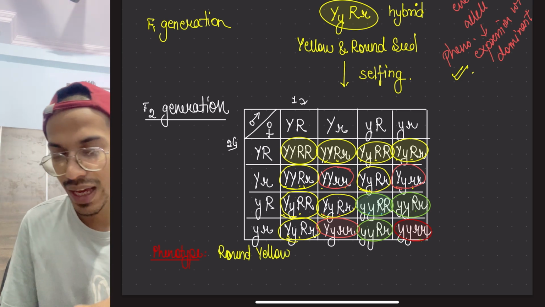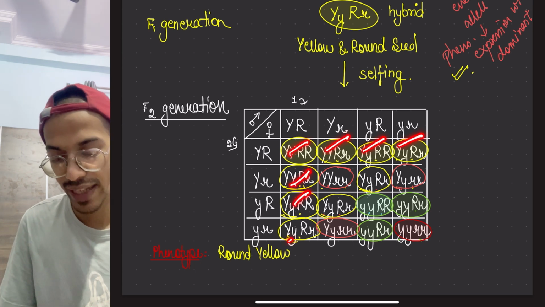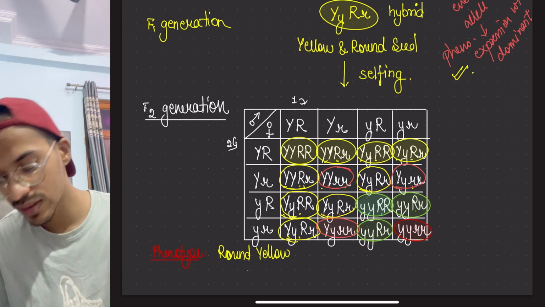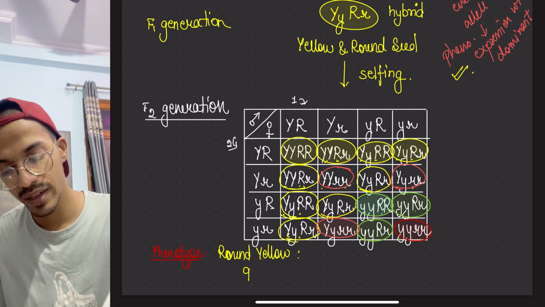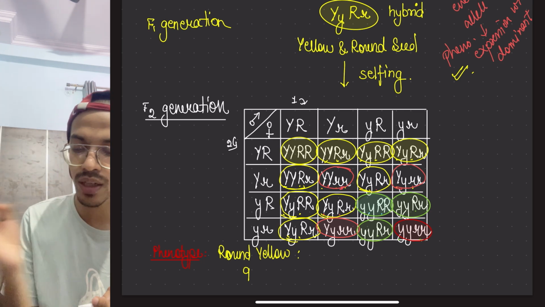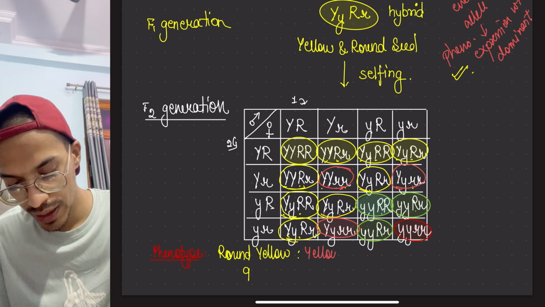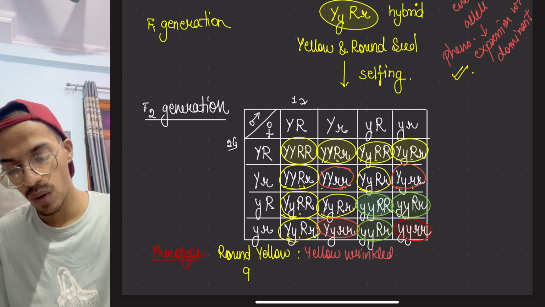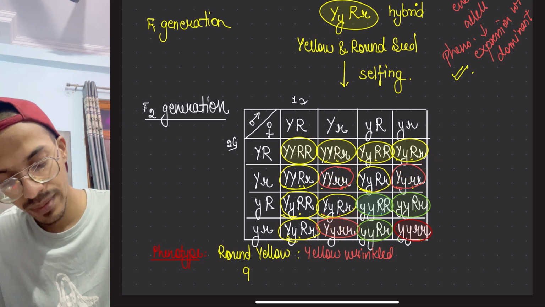We have 1, 2, 3, 4, 5, 6, 7, 8, 9. So round yellow is 9. Coming back to the next, we have this red color one. This is yellow wrinkled. How many yellow wrinkled are present? If you see, 1, 2, 3 only. So this is 3.